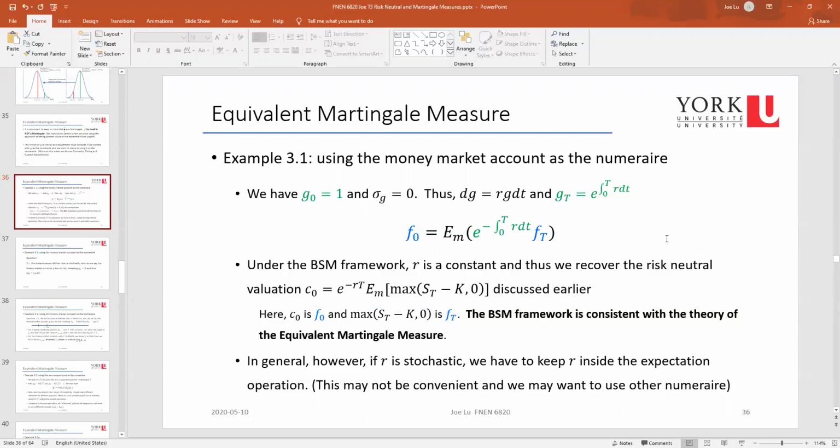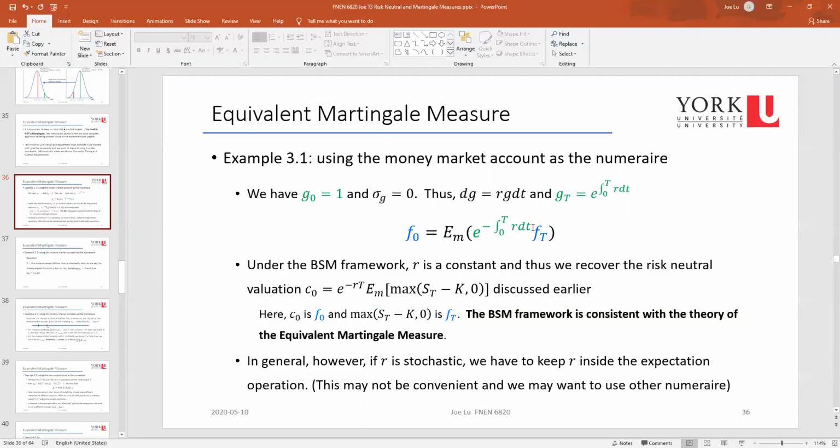Now, if we use the money market account as the numeraire, then when you have some derivative asset F, the price of F at time 0 divided by G0 will just be F0, because G0 is just 1.